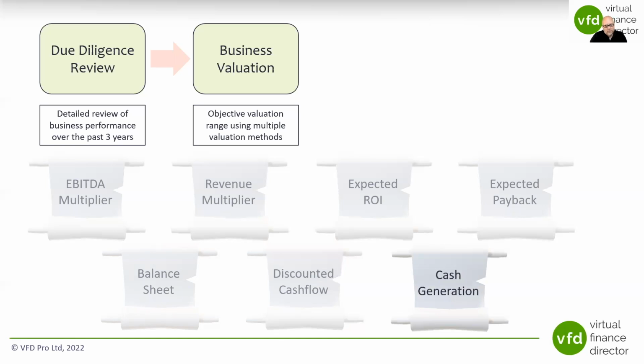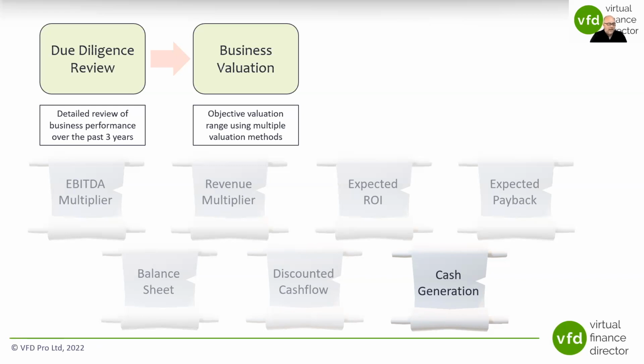And the final one we call cash generation. If I take the business now, I look at the cash being generated by the business. I understand if I can refinance any of the assets or any of the loans. I understand the period of time over which the potential purchaser might like to pay me the consideration, and the number of years I might like to take consideration over, and that will determine the amount I can therefore generate from the business.